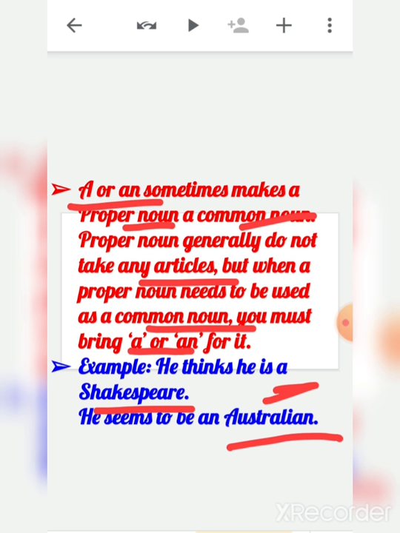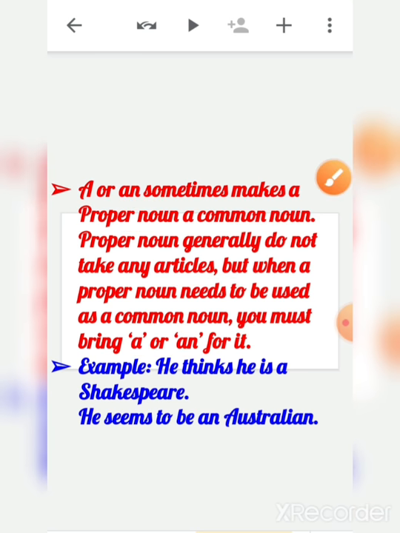So Australia is a proper noun, and Australian is common. So a or an sometimes makes a proper noun into a common noun, and proper nouns generally do not need any articles, but when a proper noun needs to be used as a common noun, we must bring a or an for it.